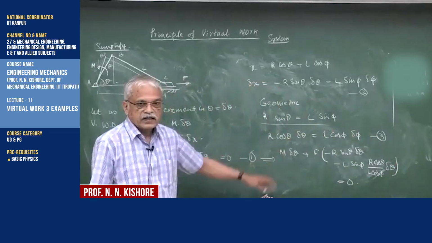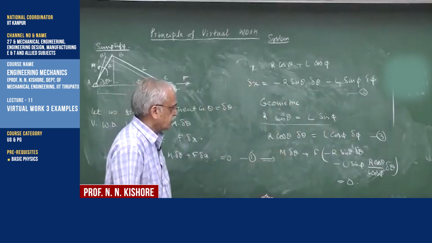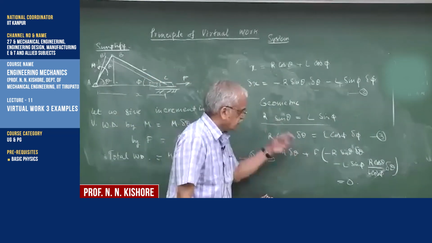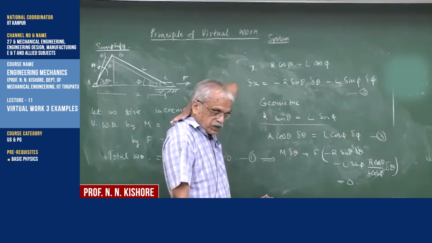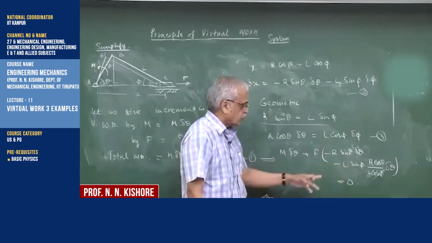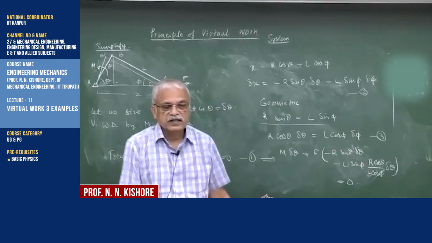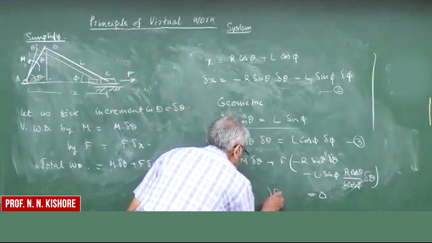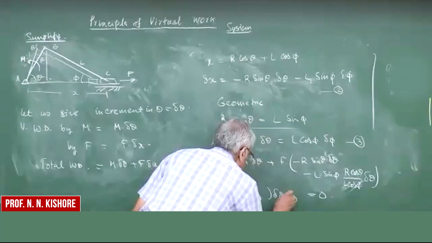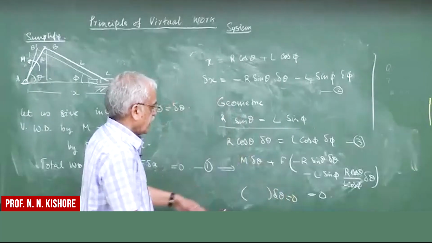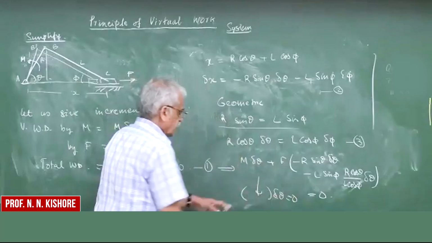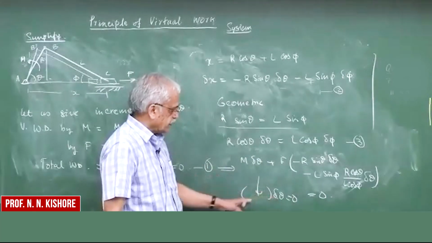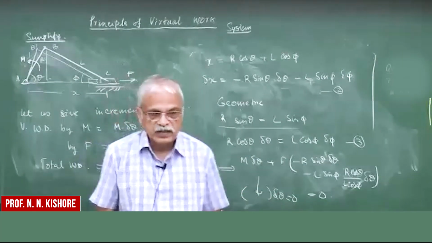So now I think you see what I'm heading for. I can take delta theta outside, and the whole thing can be written as a bracket multiplied by delta theta. If this has to be 0 for all delta theta, the one in the bracket has to be 0.